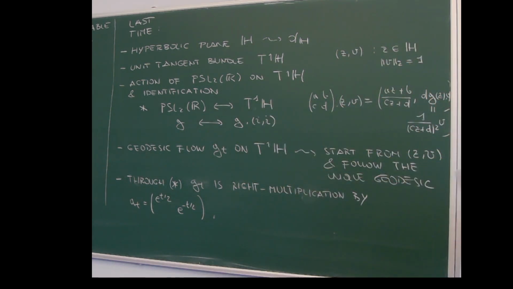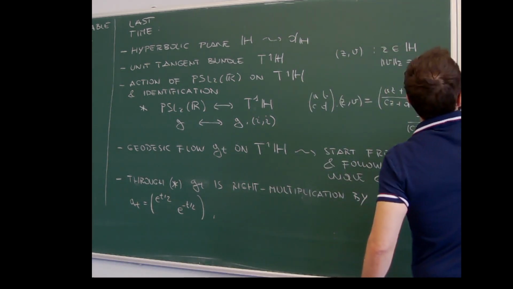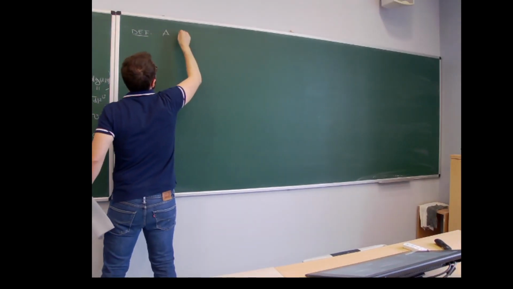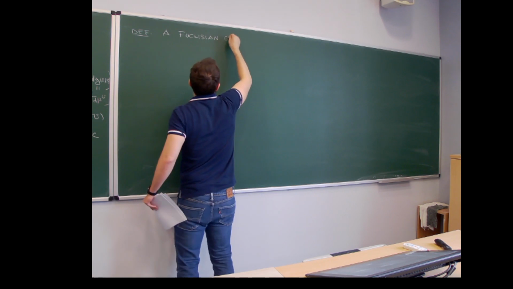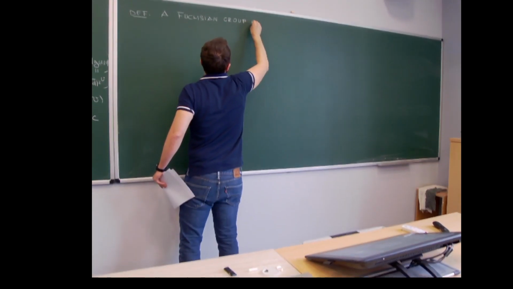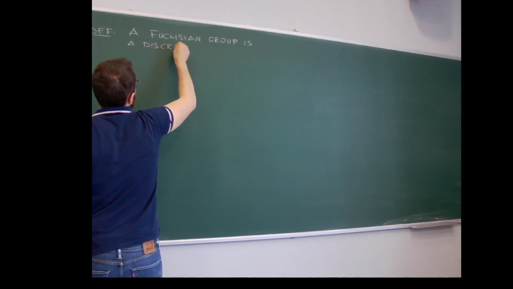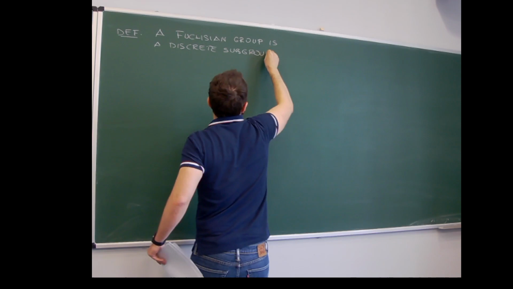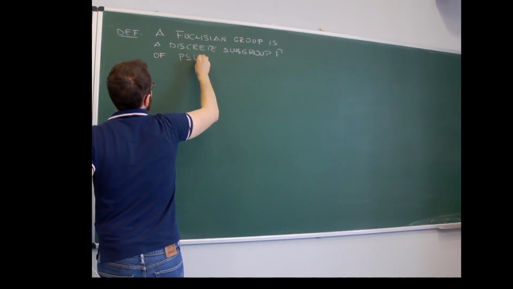Okay, so today I'm gonna take this dynamic and make it, in a sense, more interesting by folding up the unit tangent bundle. Okay, so let me give the following definition. A Fuchsian group is a discrete subgroup Gamma of PSL2R.